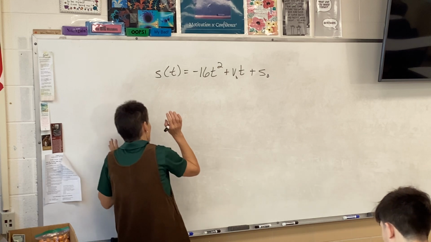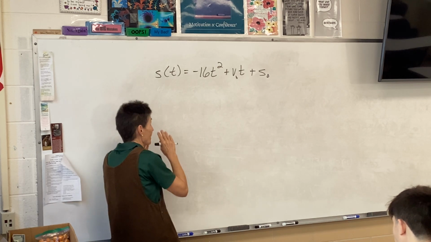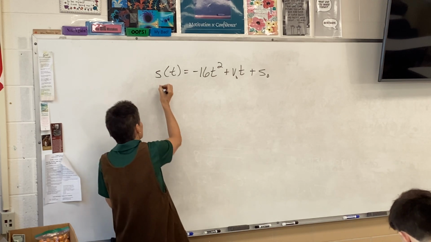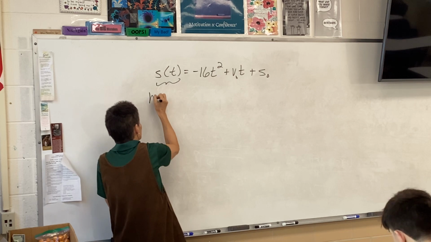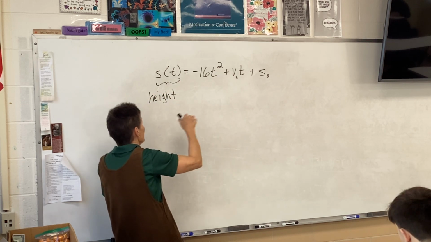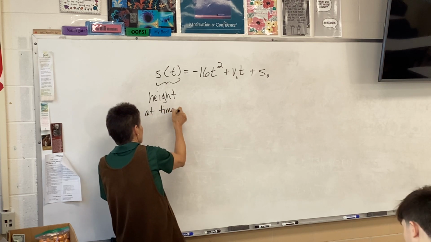So, I will give you the formula, but I will not tell you what everything stands for. So I'm going to tell you now, and then you need to learn that. This right here is the height of the object. Remember, we're throwing something through the air. So this is the height of the object at time t.